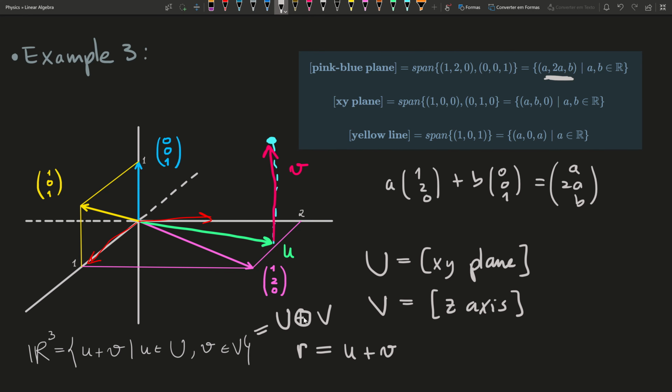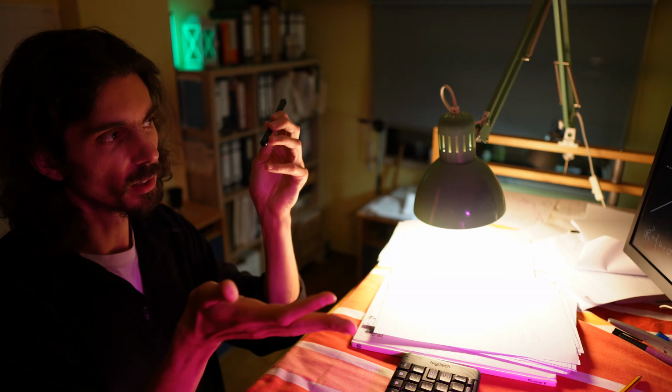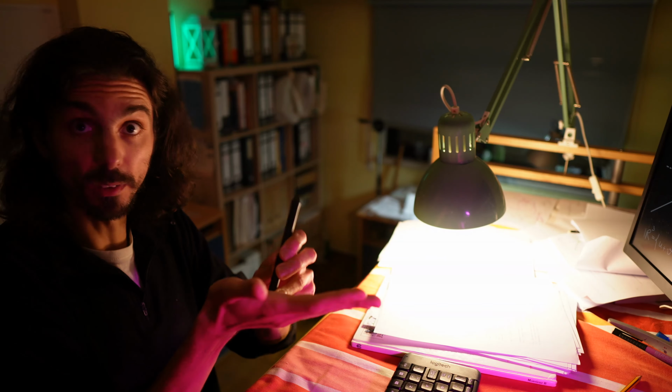Notice that R3 is being decomposed into two subspaces, U plus V, the direct sum of spaces. But R3 can also be decomposed in other ways. For example, U could be the yellow line subspace, and V could be the plane which is perpendicular to the yellow line, which contains the origin, by the way.